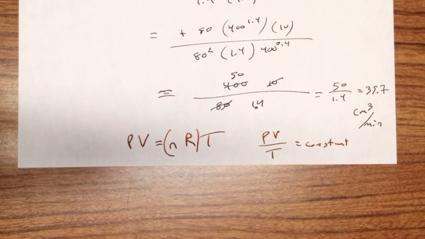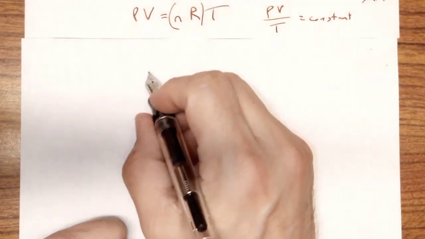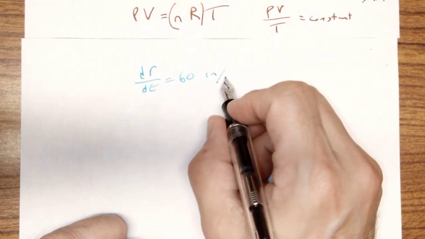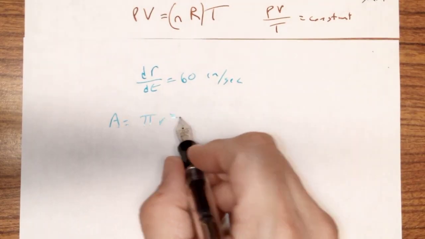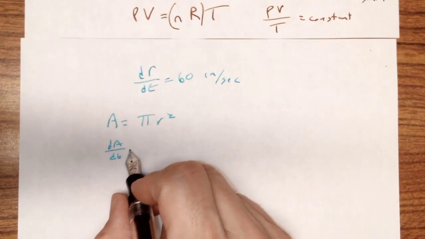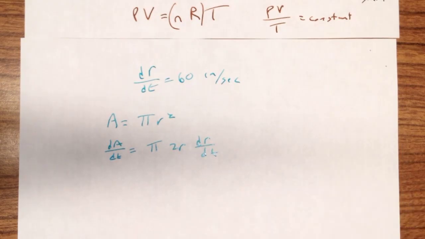By the way, you can now go back and look at the ripple in the pond question a different way. We can think about the fact that the pond ripple, we knew the radius was expanding at 60 centimeters per second. And we know the area is pi r squared. So if I want dA dt, that's pi times 2r times dr dt.